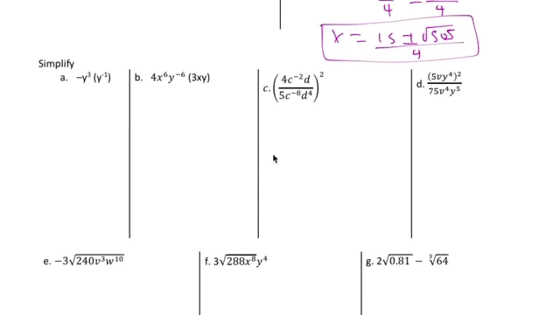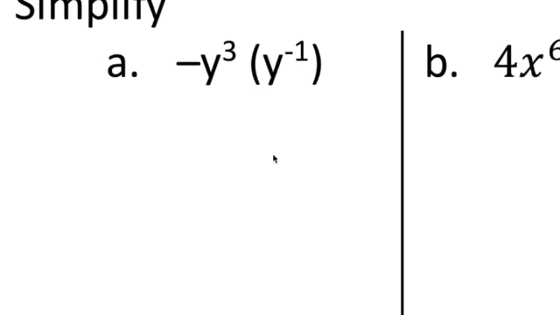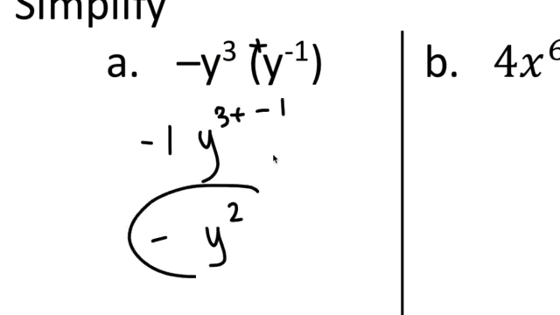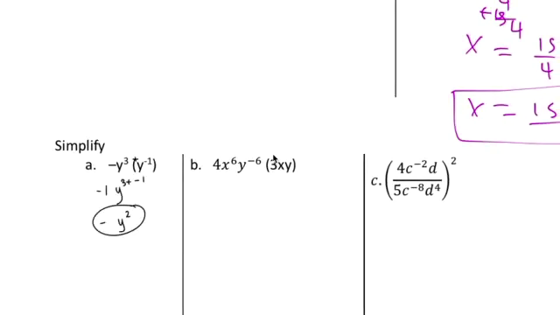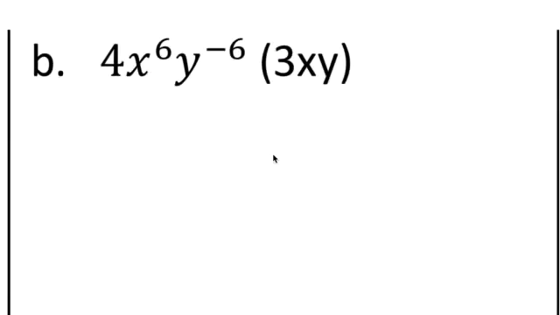Okay, simplify. Make sure that you know when you're multiplying, you're adding the exponents. So it's negative 1, right? Y to 3 plus negative 1, so you have Y to the second power. A lot of you got it wrong on the homework. Okay, 4 times 3, x to the 6.